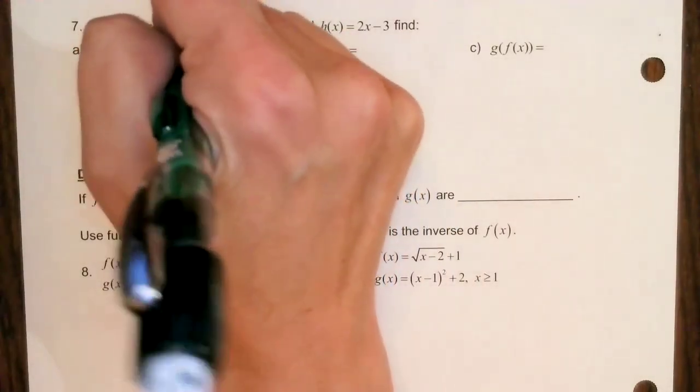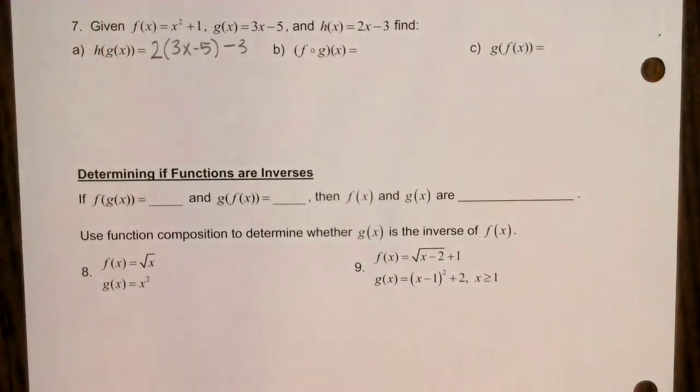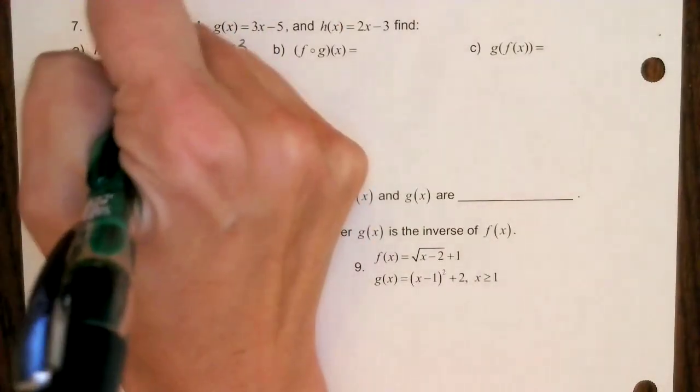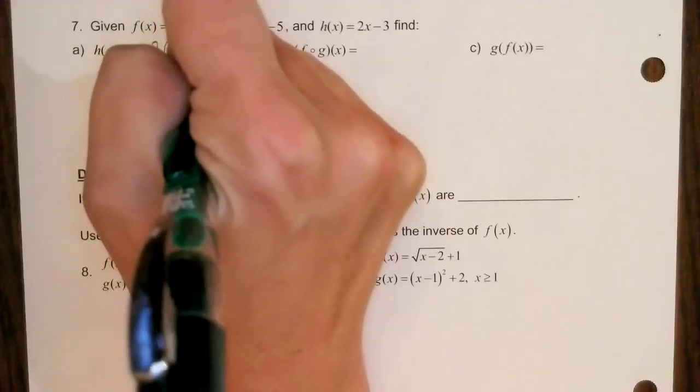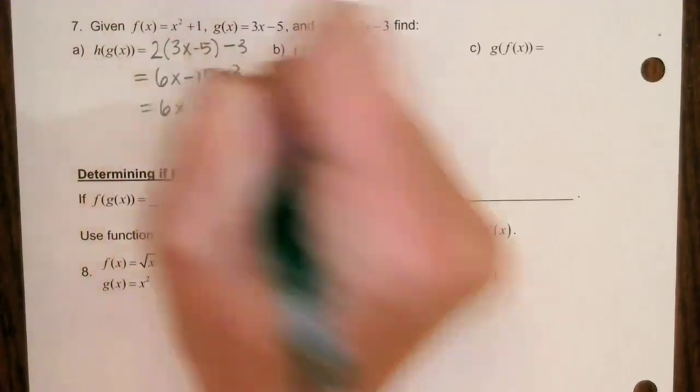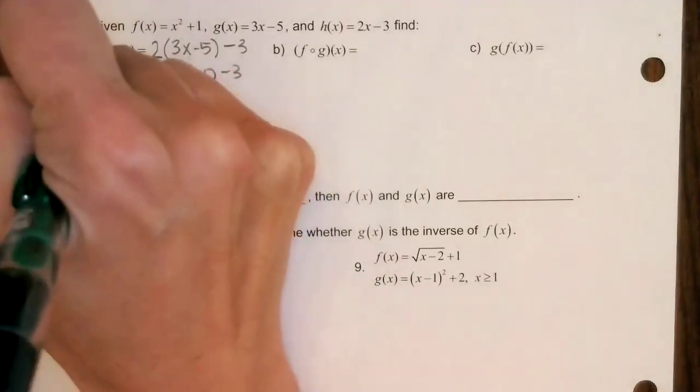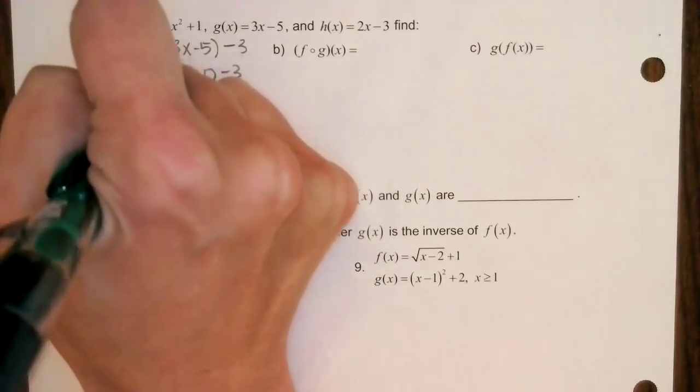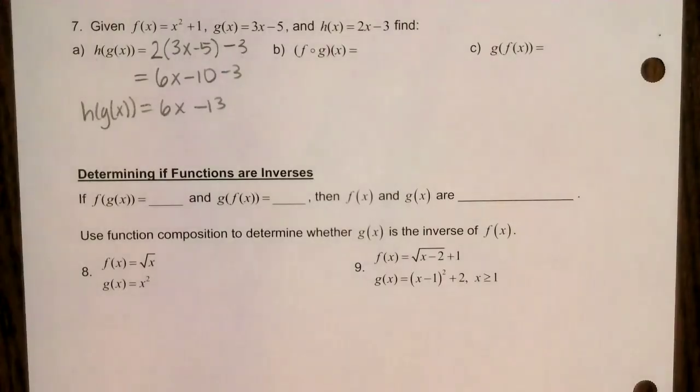So the 3x minus 5 goes right inside there. Now we distribute, and we get 6x minus 10 minus 3, which is equal to 6x minus 13. And so there is my composite function.